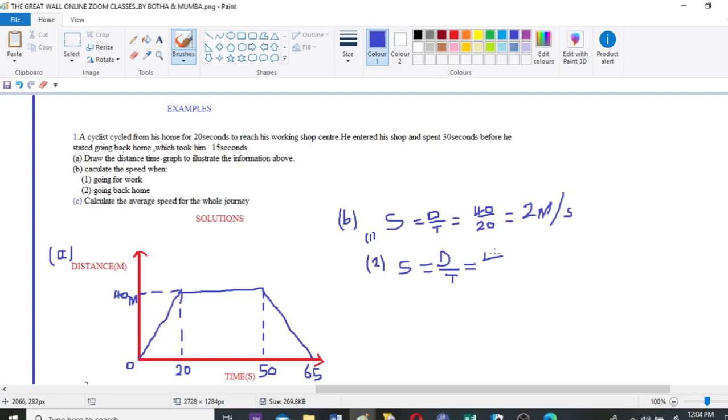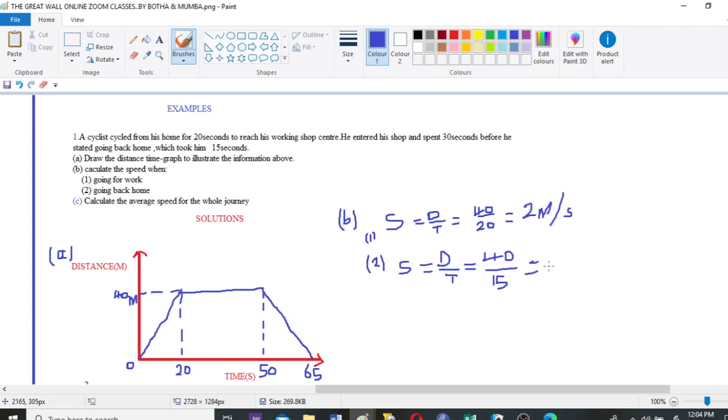Remember, he is still covering the same distance when coming back from his workplace. So we still have 40 meters. Only the time is going to change. This time he has spent 15 seconds walking back home. So we have 15 seconds.